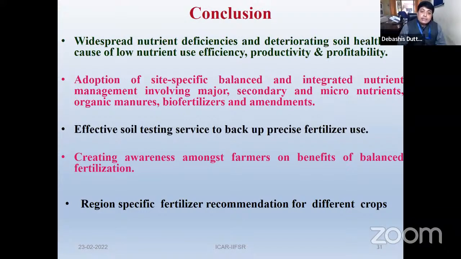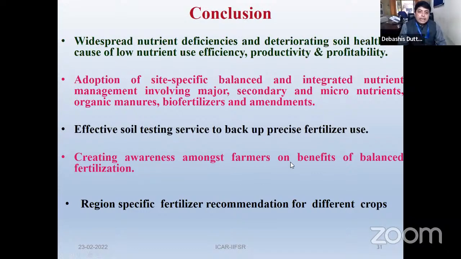And effective soil testing service to back up precise fertilizer and manure use, because before recommending any fertilizer, an effective soil testing report should be there, and from that report we can calculate how much organic source of nutrient we have to apply for a particular crop in a cropping system under an organic production system.